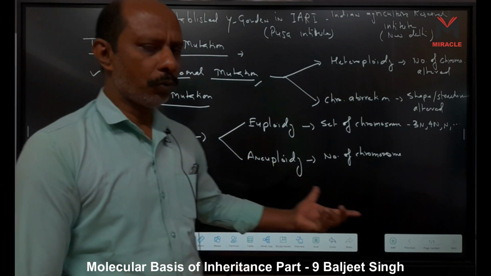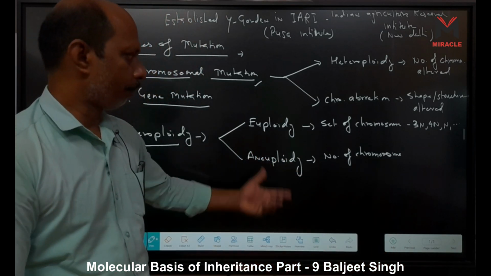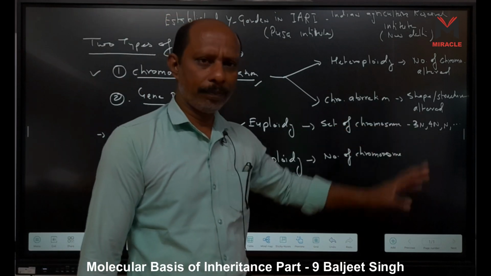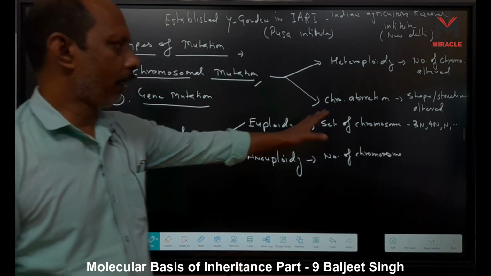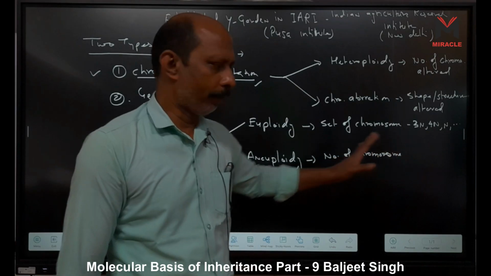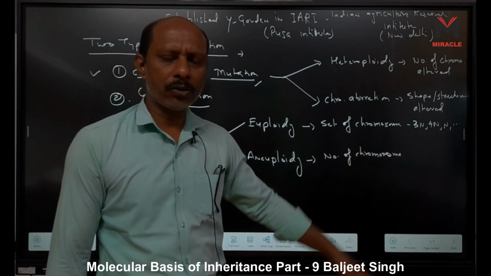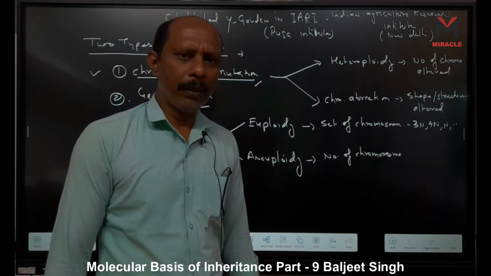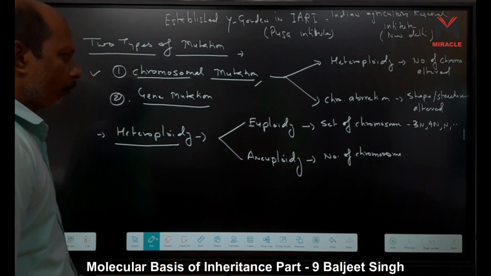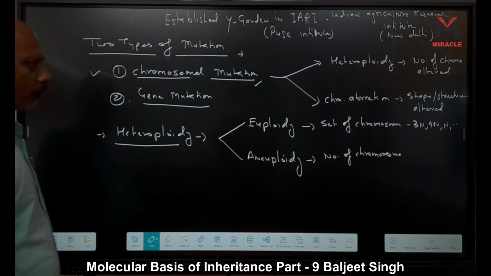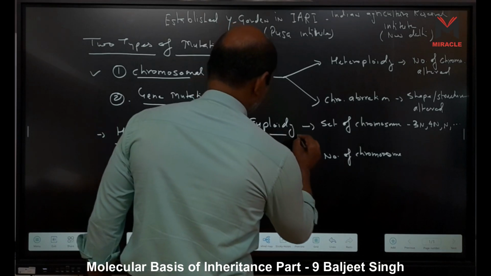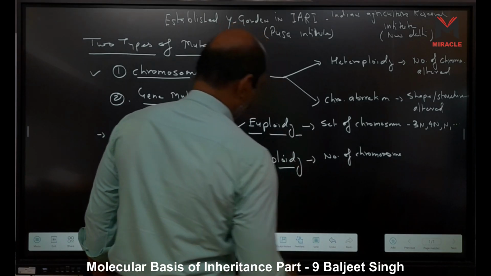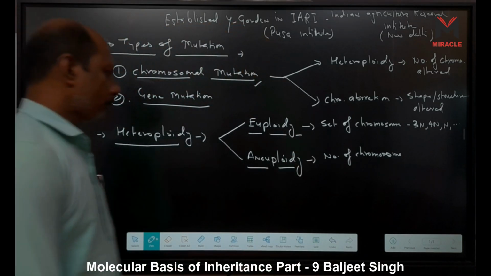So this is trisomy, tetrasomy, pentasomy. Here for euploidy we use haploidy, triploidy, tetraploidy or polyploidy. On the aneuploidy side we use trisomy, tetrasomy, pentasomy, nullisomy or monosomy, right? So first we read euploidy, then aneuploidy.